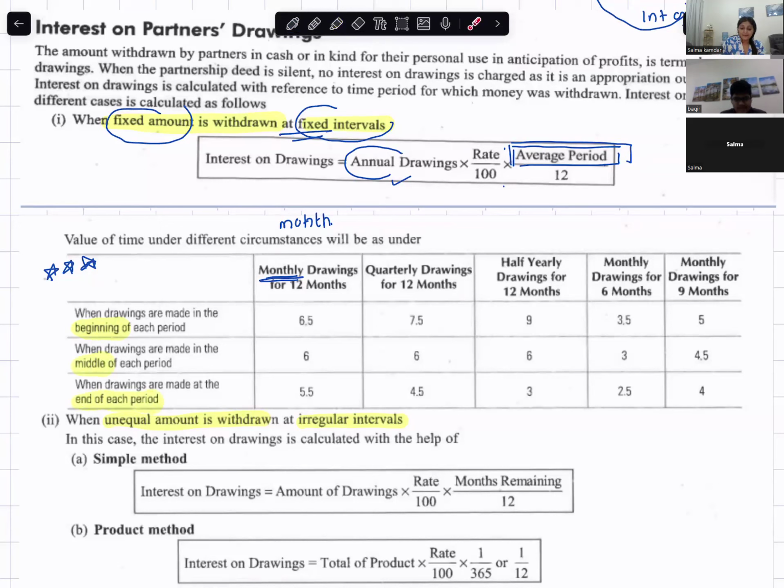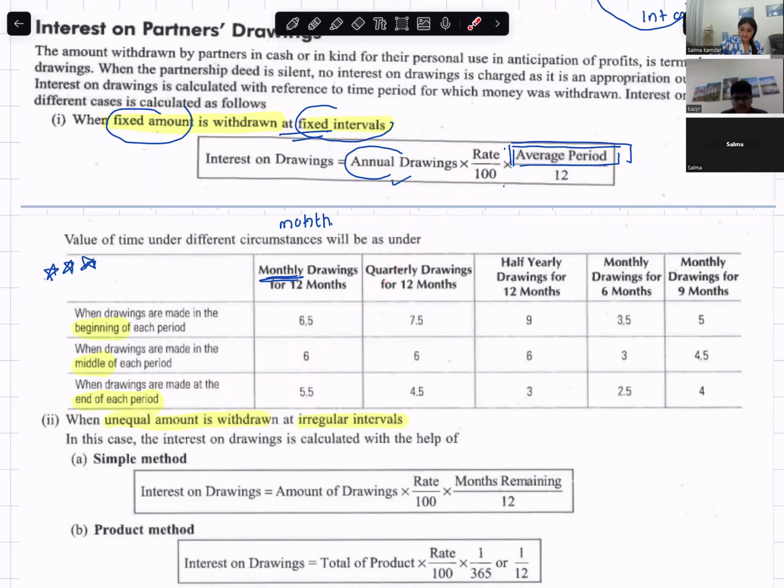If you withdraw money at the beginning of every month, it will be calculated as 6.5 upon 12. Are you with me? Yes, ma'am. If you withdraw money at the middle of every month, then it will be calculated as 6 upon 12. And if you withdraw money at the end of every month, then it is calculated as 5.5 upon 12.